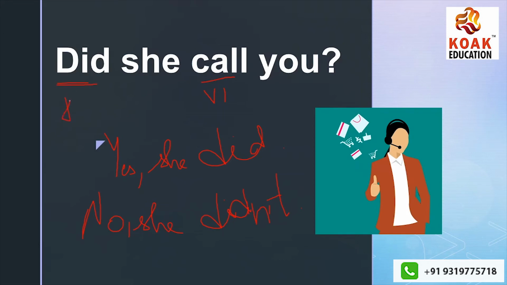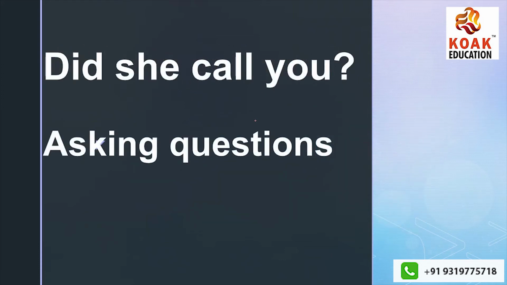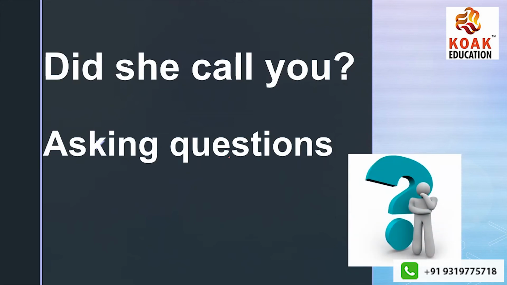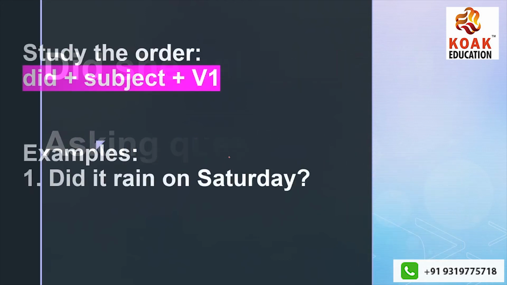Did, this is our helping verb, has come up ahead and the subject has moved back, though the main verb is the same, that is the first form of verb. Helping verb, subject, and verb's first form. Let's have a look here. Whenever you have to ask questions, how to frame them?